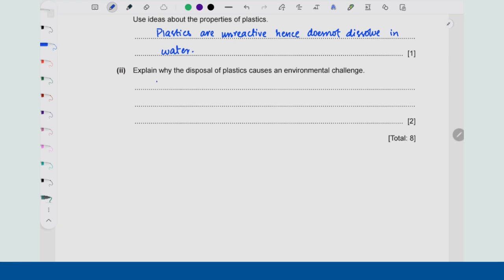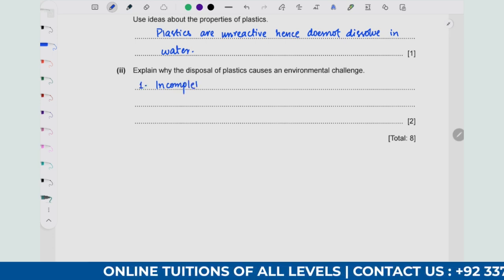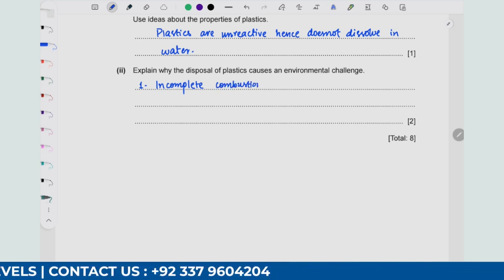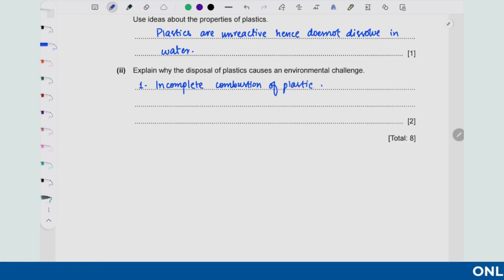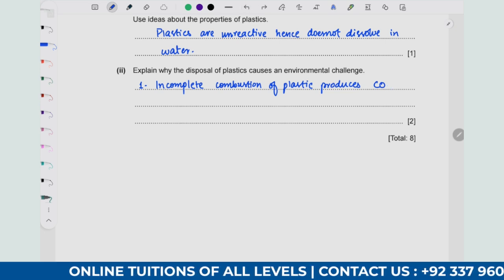So we will say that incomplete combustion of plastic produces carbon monoxide.